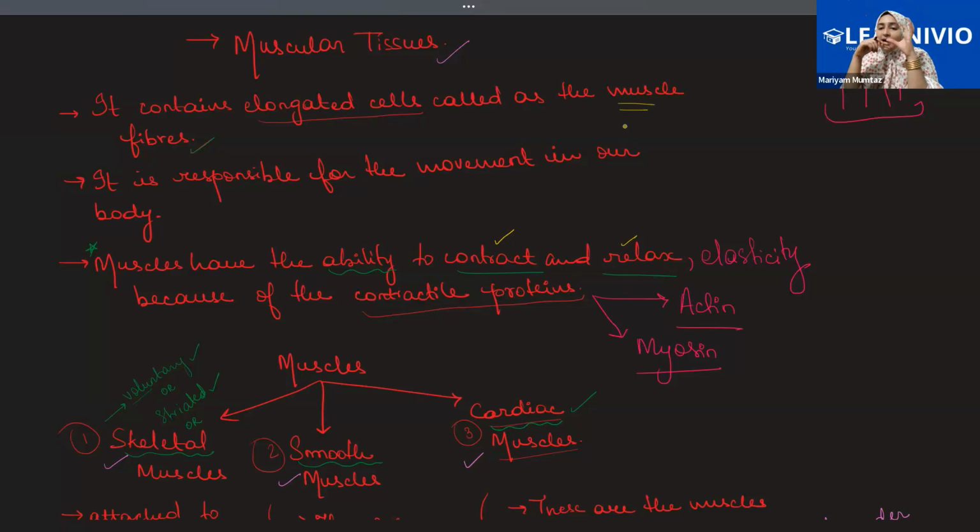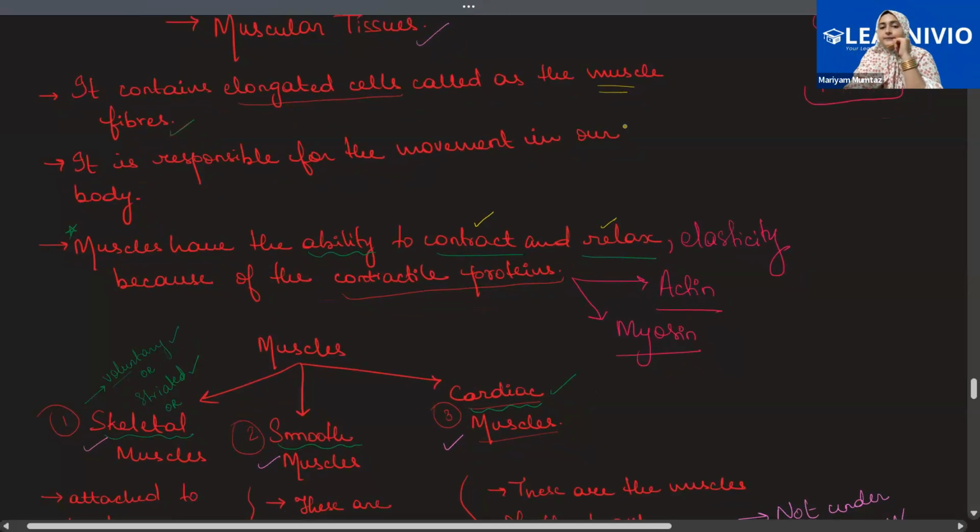But once you have grabbed the thing, you come back to the normal state. That is because your muscles have the elasticity property. If they did not have elasticity, you would have stretched yourself to pick that thing up and stayed that way forever.